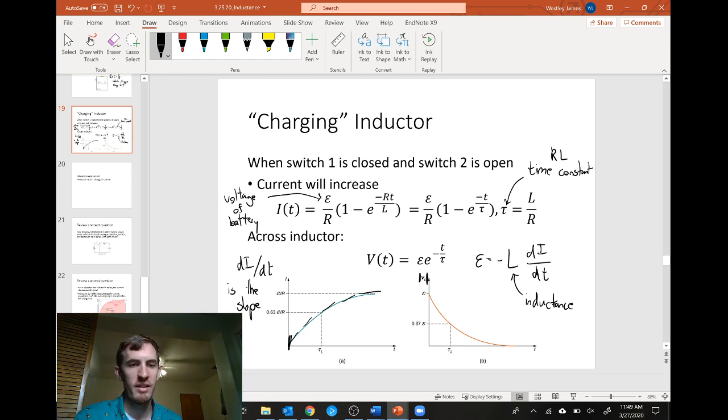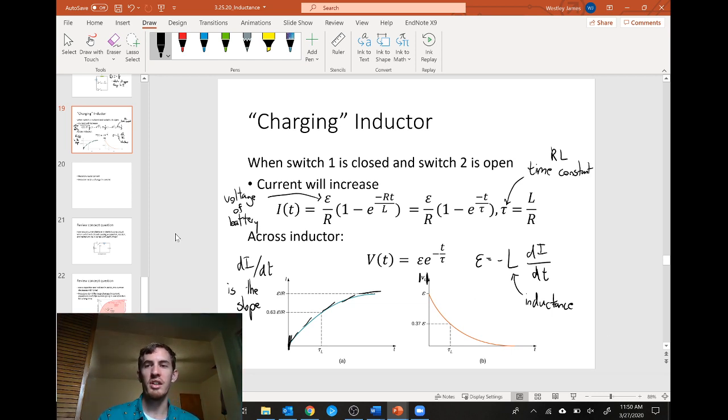We see here that the voltage drop across an inductor, and this is kind of like how much it's opposing it, is going to be based on that rate of change and the inductance. If you have a solenoid with a bigger inductance, you're going to have a higher opposition to it. And initially, the second you switch it, all the voltage drop is across the inductance. The inductor completely opposes it, but then it isn't able to oppose it as time goes on. So, all right. We're going to go ahead and continue on.